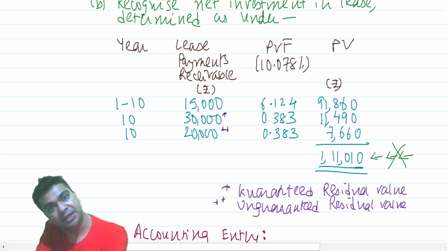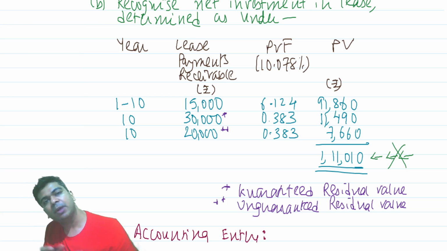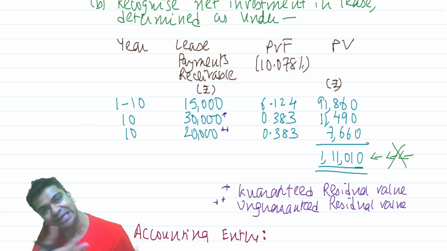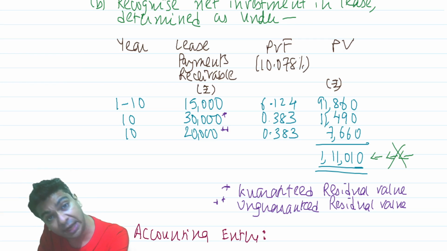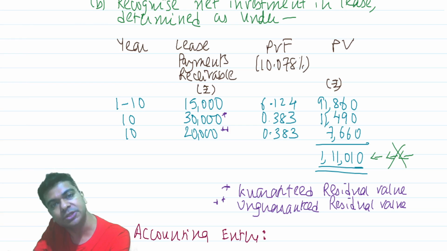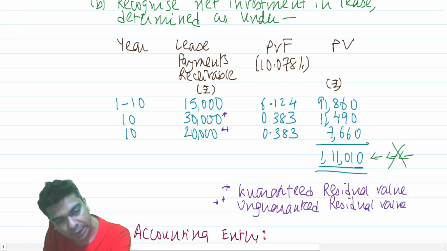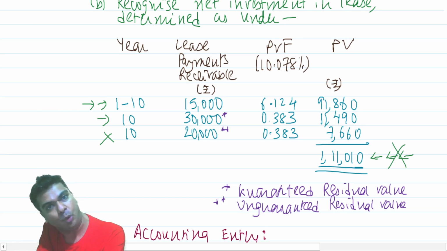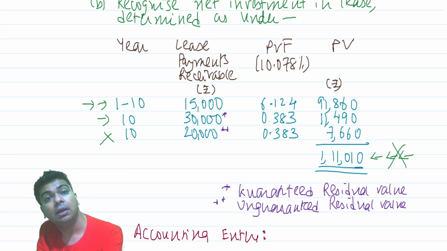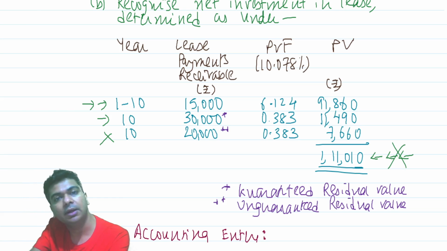Lease payments does not include unguaranteed residual value. Lease payments for a lessor is from the viewpoint of the lessee, and from the viewpoint of the lessee, we consider only guaranteed residual value. So this item and this item should not be considered. These two items, 15,000 and 30,000, are only part of the lease payments. So only that should be discounted, and that will give you the lease payments.